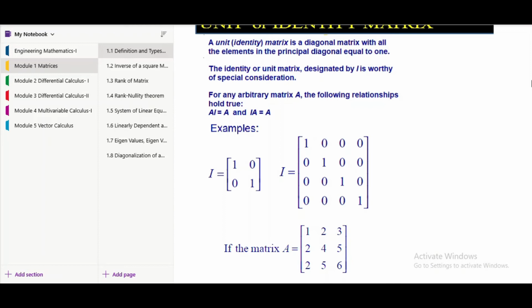For example, I is equal to 1 0 0 1, this is the 2 by 2 identity matrix, and this one is the 4 by 4 order identity matrix.